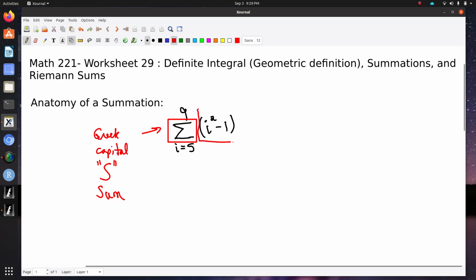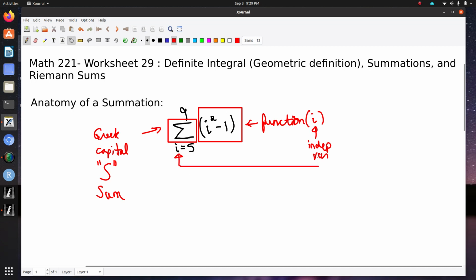Then to the right of this we have an expression which is a function of some variable. In this case, it's a function of your independent variable, and that's the same independent variable that is listed over here, before the equal sign. Has to be a function of that.